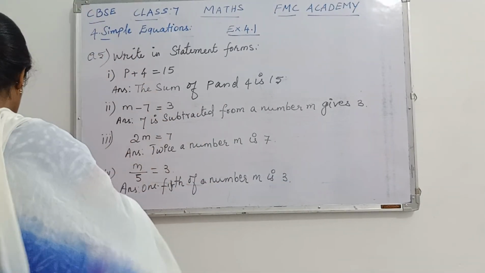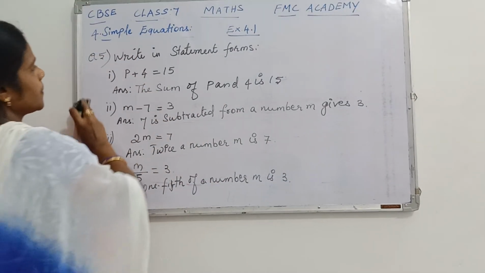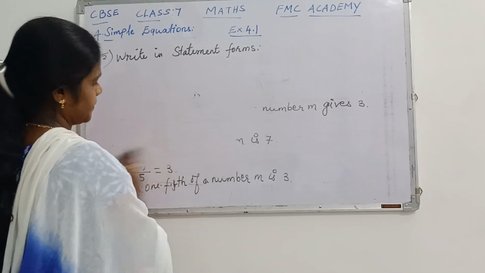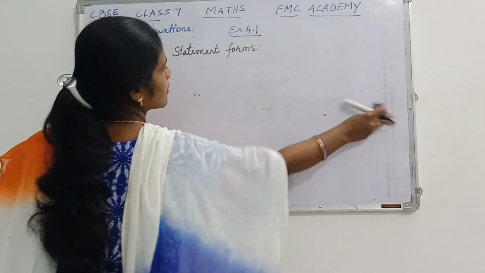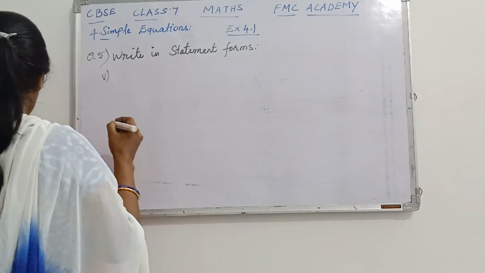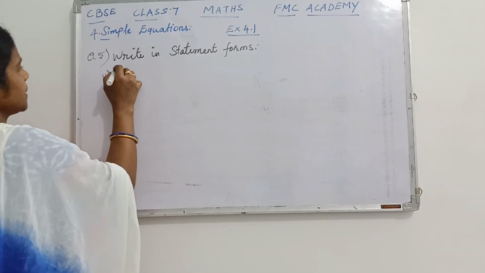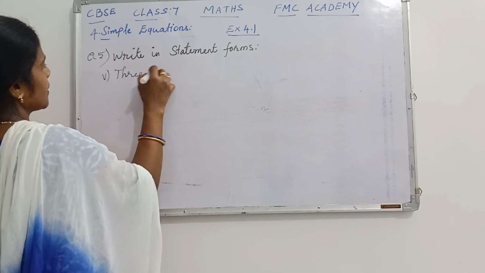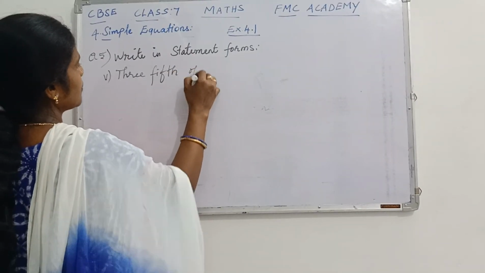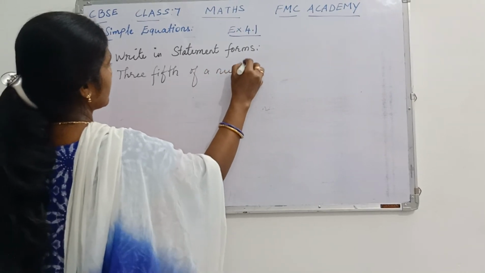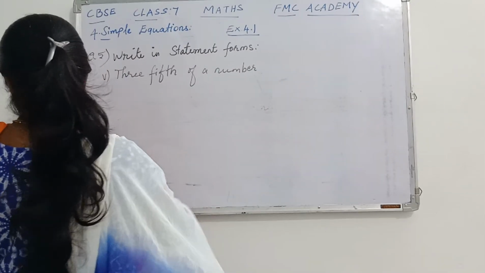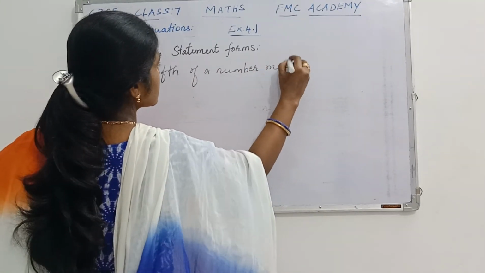Let's move to this question number 5 now. 3/5 of a number m is 6.